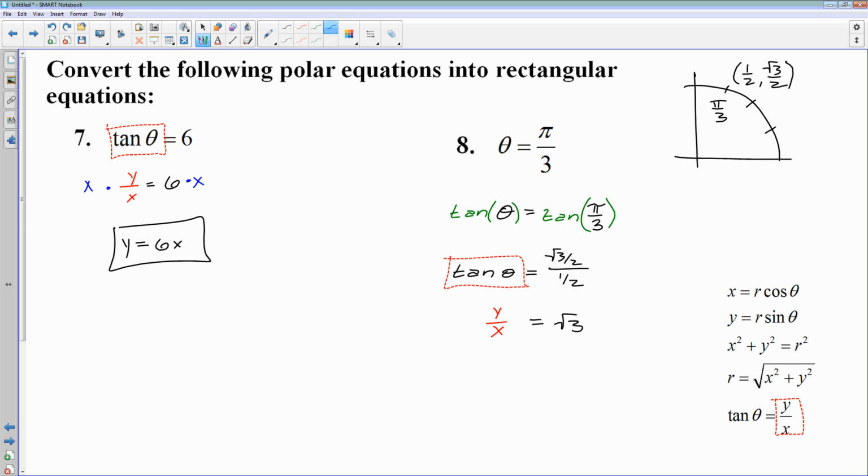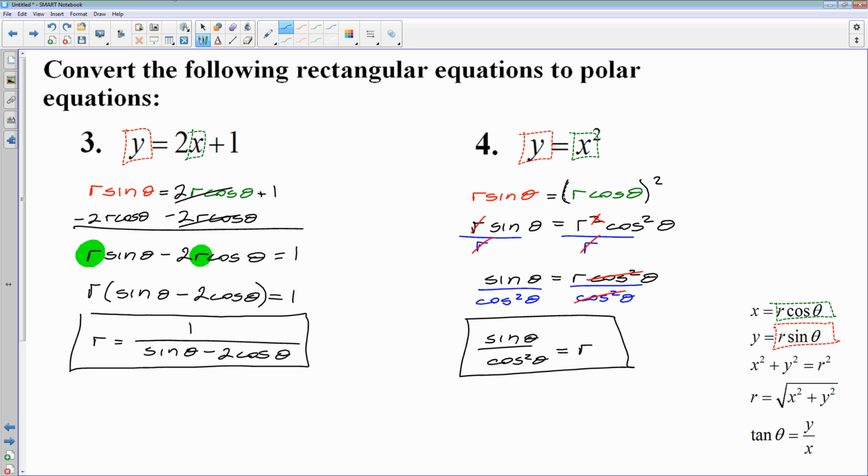Then finally, we multiply both sides by x to solve for y. So our equation ends up being y equals the square root of 3 times x. There we go. So that is converting polar equations into rectangular equations. And we started by converting rectangular equations into polar equations right here.